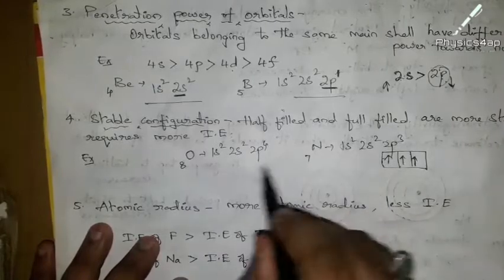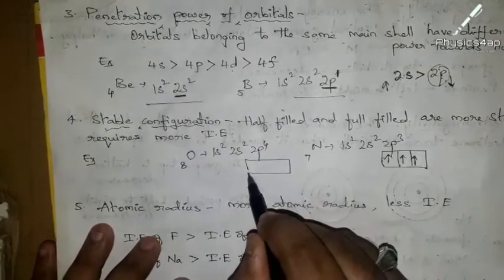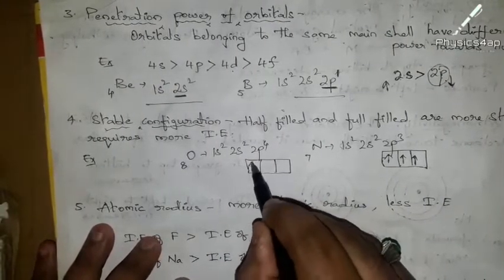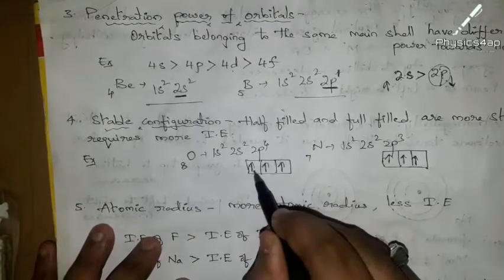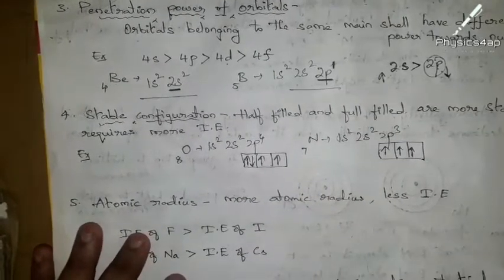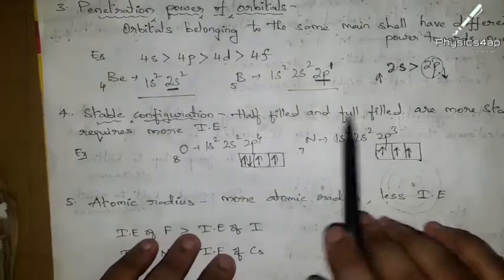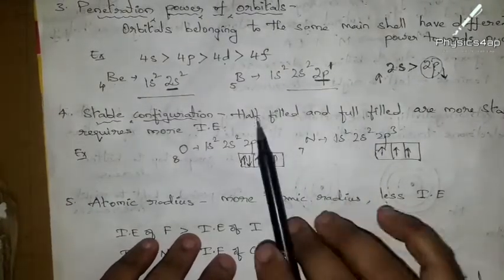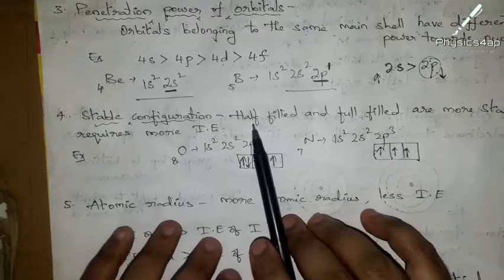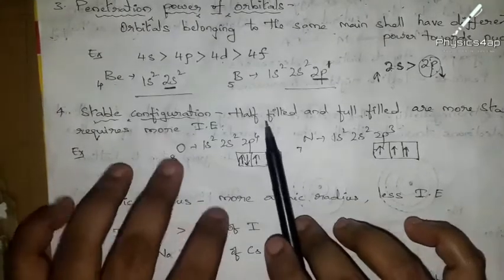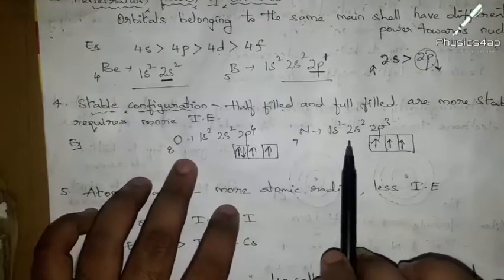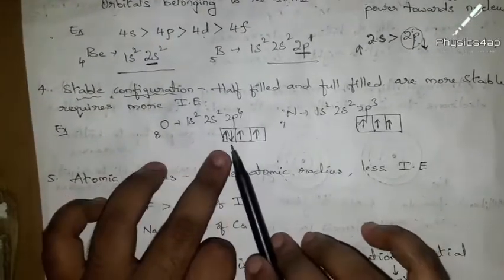Now, ionization energy is more for those which are half-filled and fully filled. As I told you before, the half-filled and fully filled will be stable. If you see in oxygen and nitrogen, oxygen is more than half filled, right? In this box, 6 electrons can be filled, and here we have 4, which is more than half. But in nitrogen, 1, 2, 3, that is half-filled.